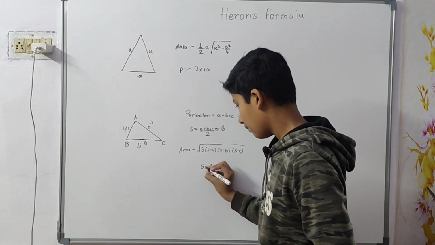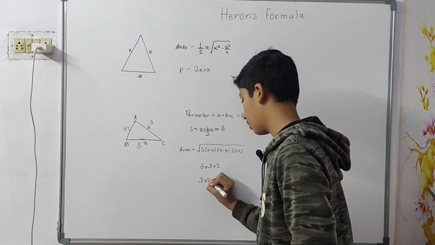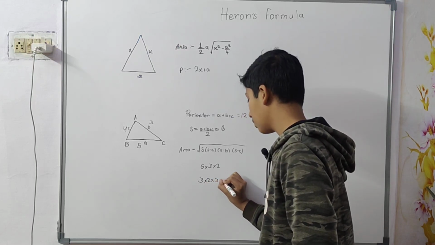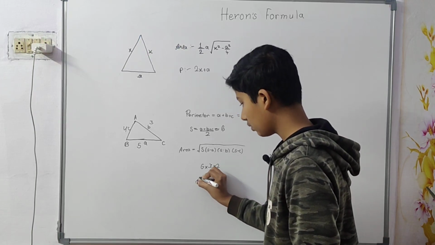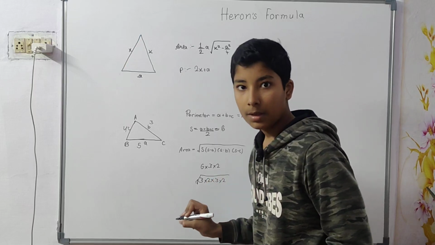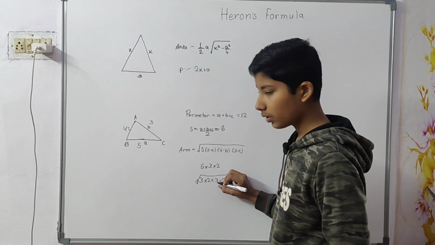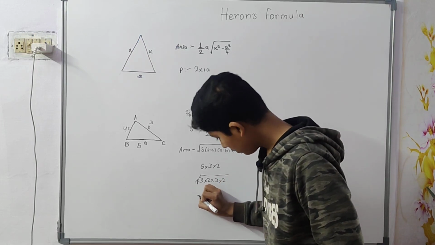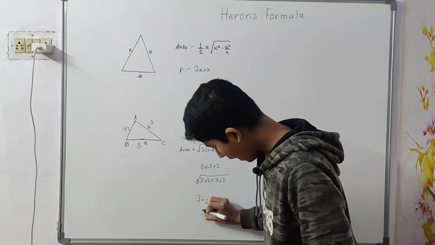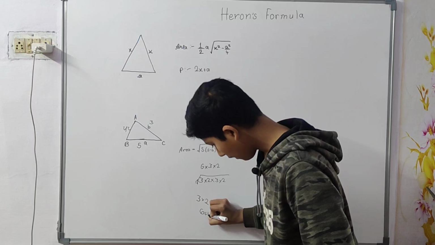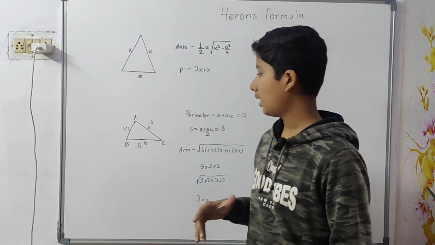We can write 6 as 3 into 2 into 3 into 2. So 2 to 1 pair, 1 will come out from root. We can write it as 3 square into 2 square, 3 into 3 into 2 into 2. Okay, which will be 3 into 2, 6 centimeter square will be our answer, hence area.